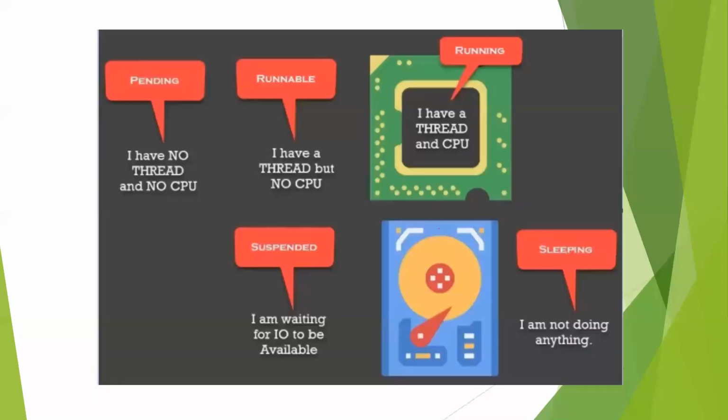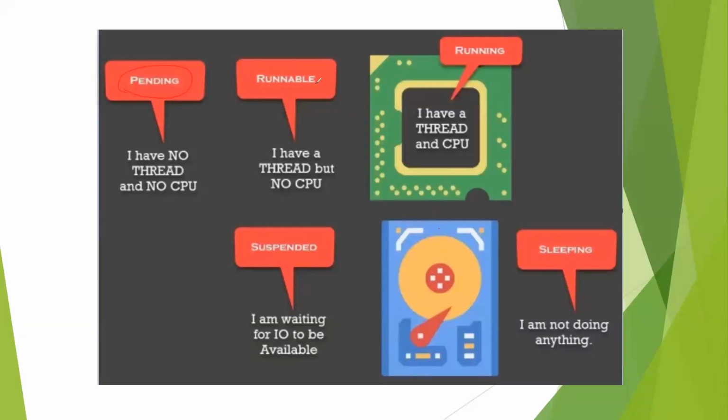Yeah. So these are the thread states, right? Let's say, for example, a task that you created is currently pending. Pending means the thread is not available to assign to that particular task. If the thread is not available, it is marked as pending and will wait for a thread to become available to assign to the execution.